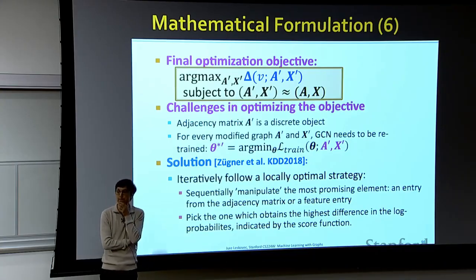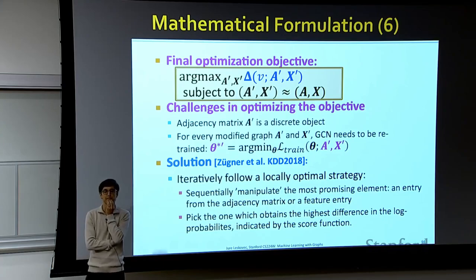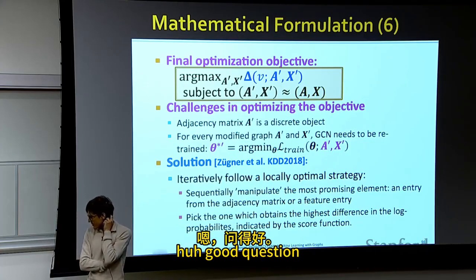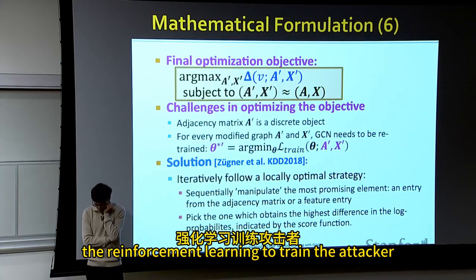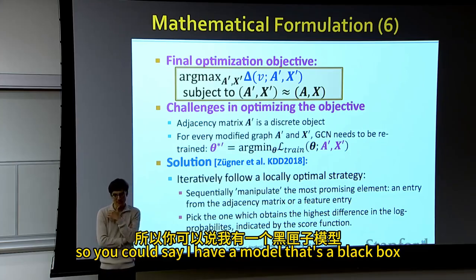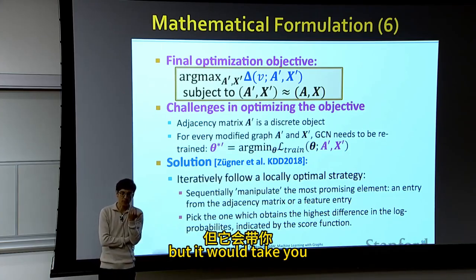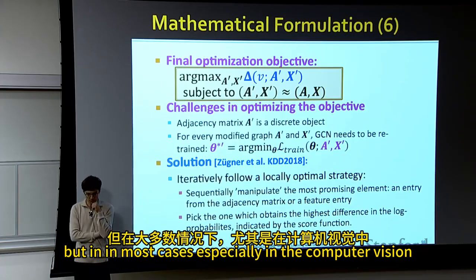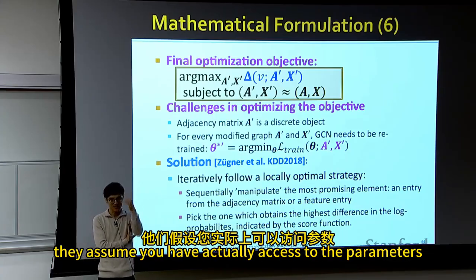Yeah. Has anyone tried to use deep reinforcement learning to train the attacker? Good question. So you're saying, has anyone used reinforcement learning to train the attacker? You could say, I have a model that's a black box, but in most cases, especially in computer vision, they assume you actually have access to the parameters.